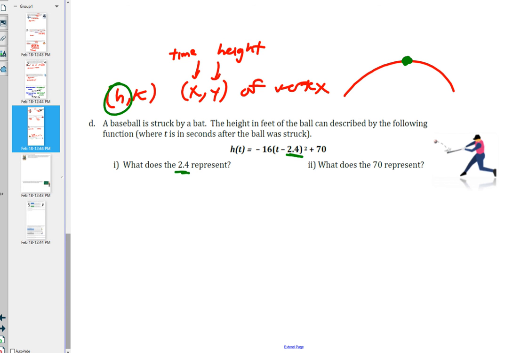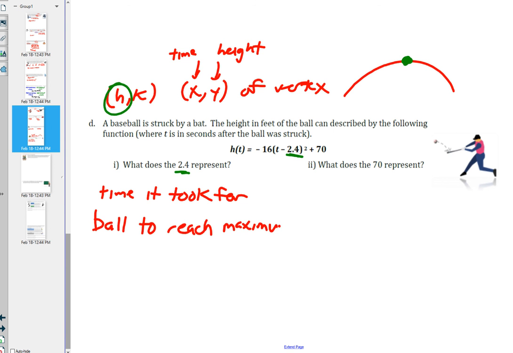The x is representing time, so the 2.4 represents the time it took for the ball to reach maximum height.